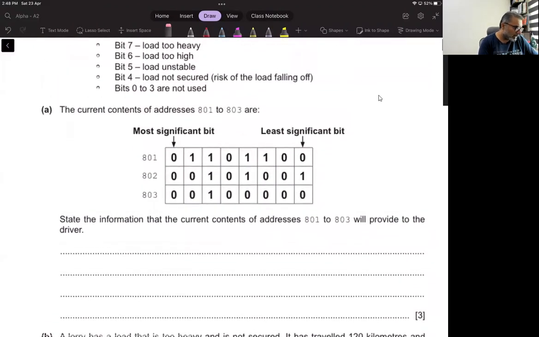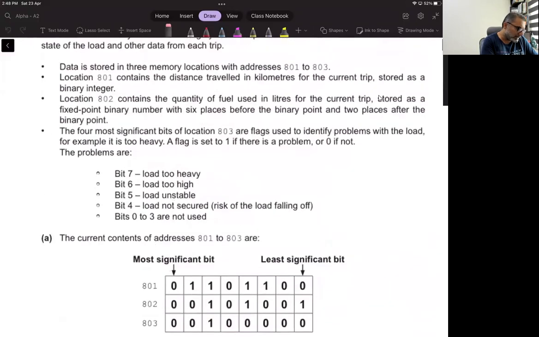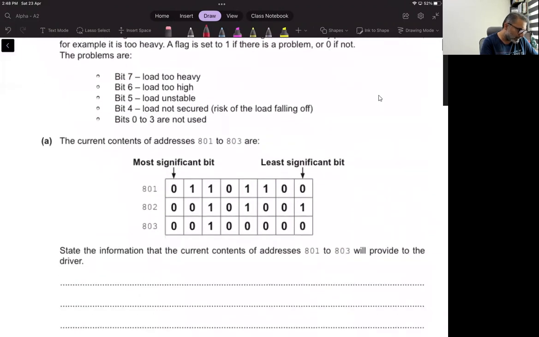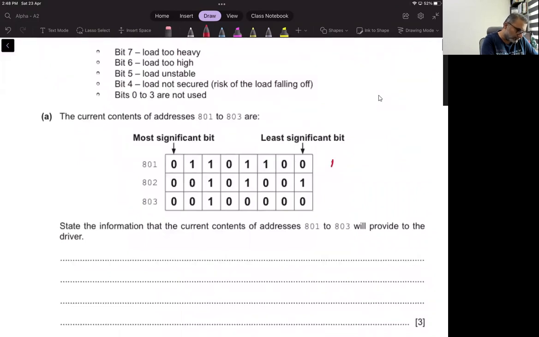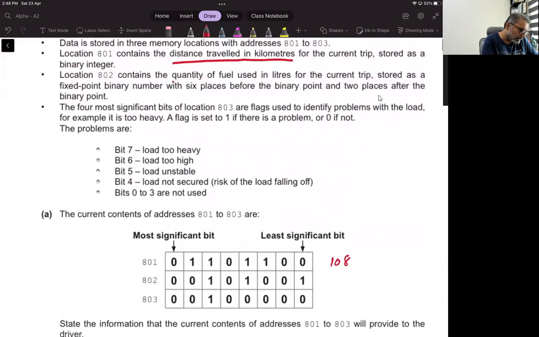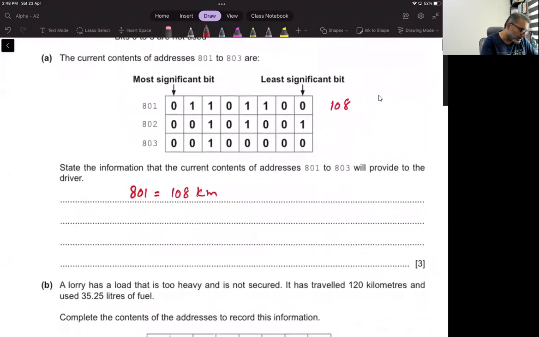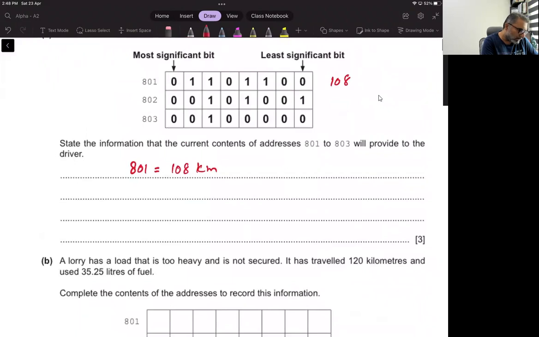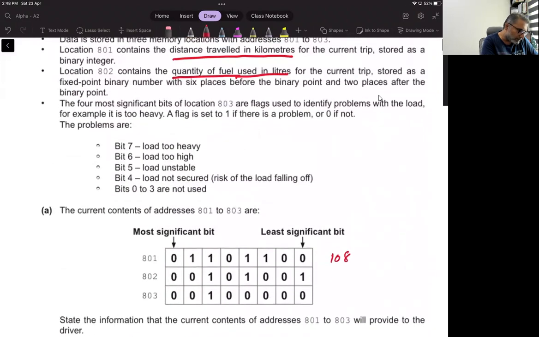Okay. 801 is the distance traveled in kilometers. So this is basically 108 kilometers. 802 contains the quantity of fuel used in liters, with 6 places before and 2 places after the binary point.